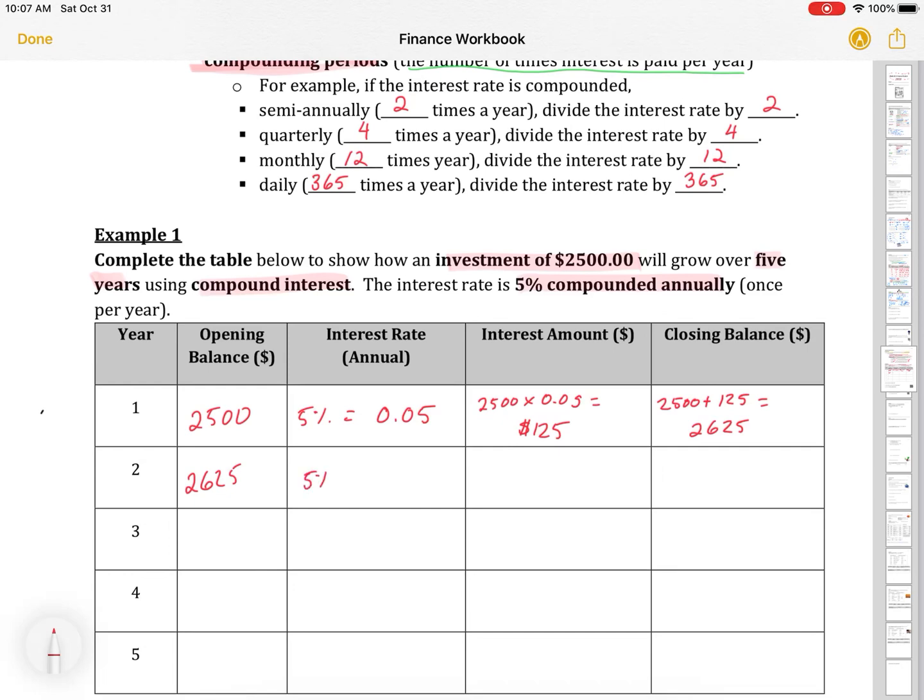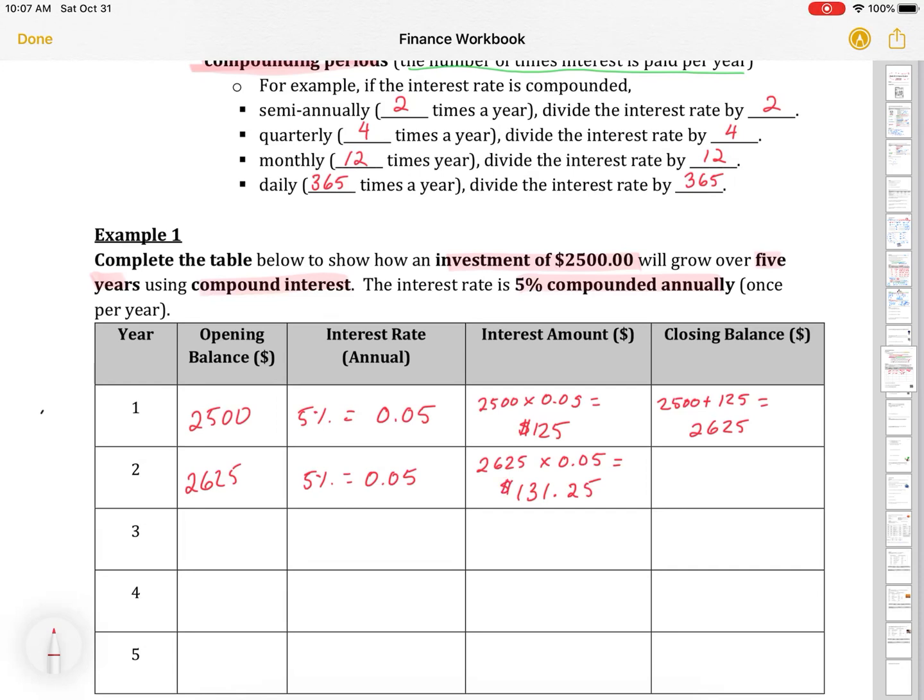Our interest rate is still 5%. So when we figure out the interest amount here, instead of doing 2,500 times 0.05, we're doing 2,625 times 0.05, which is equal to 131.25. Try that in your calculator if you don't believe me.